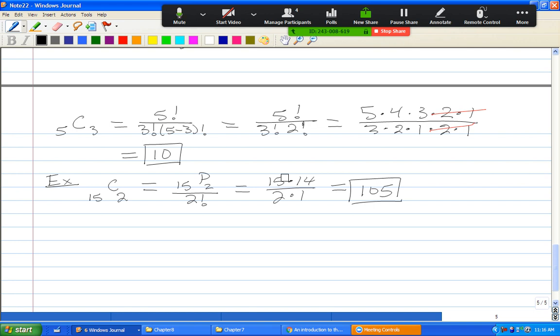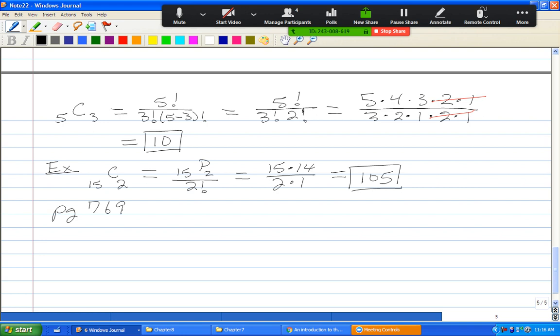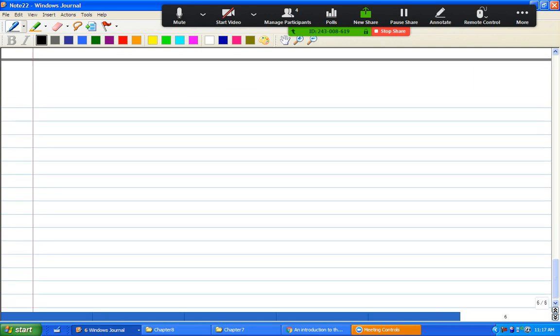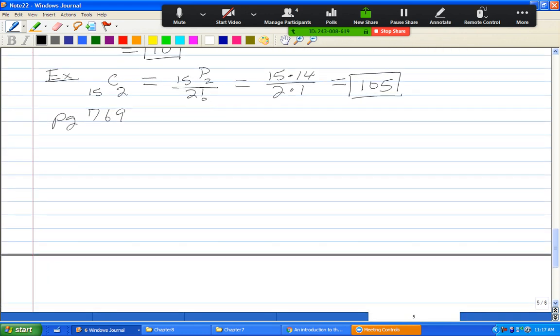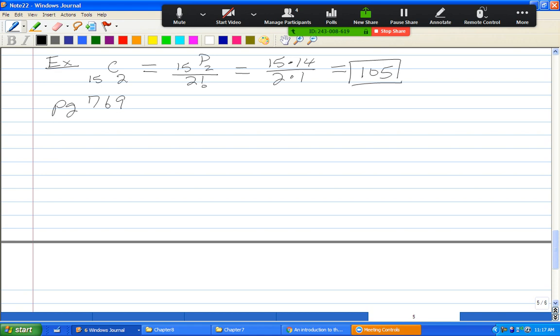Okay. Let's do, on page 769, 8C3. Okay, this is actually a weird notation.